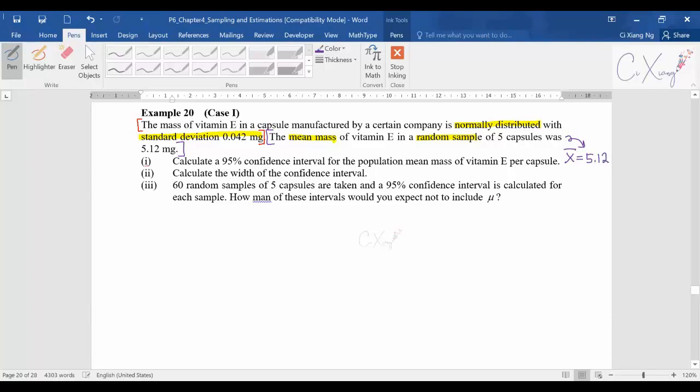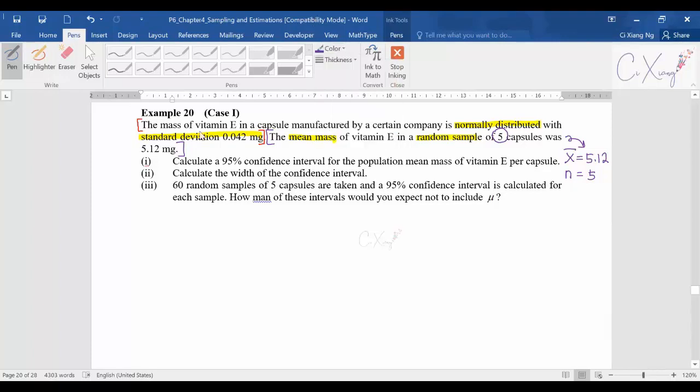So from the second sentence, you can get this value, the sample mean. And after that, they say 5 capsules. So 5 capsules here tells you that this is the sample size, which is equal to 5. So from this second sentence about the random sample, you can get 2 values about the sample, which are the sample mean and also the sample size.